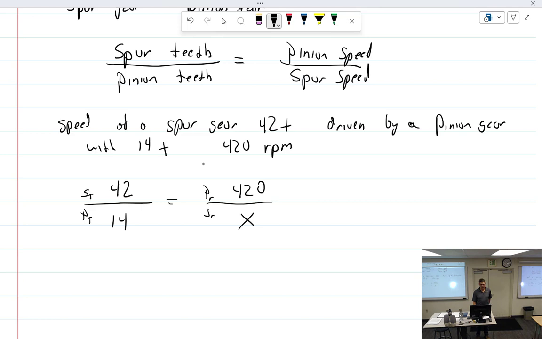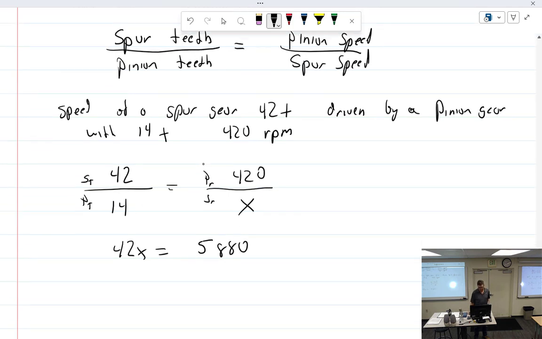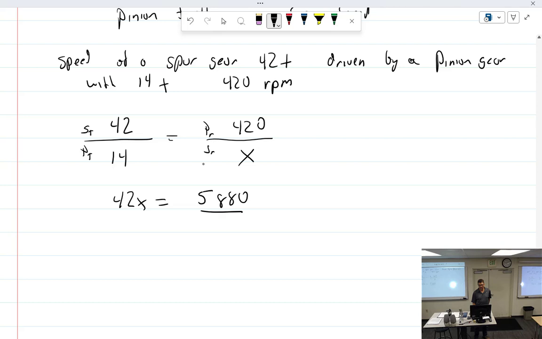Cross multiply. 42x equals 14 times 420, which is 5880. Am I correct? Yep. We then divide both sides by 42, where x equals 140 RPM.